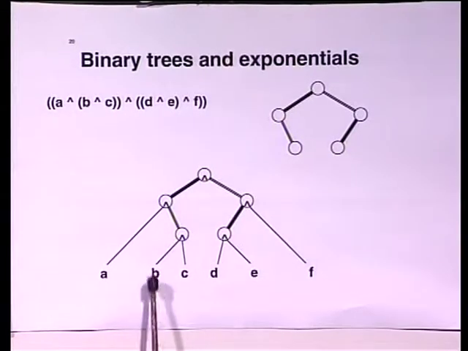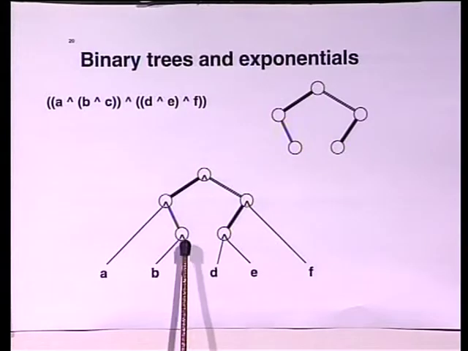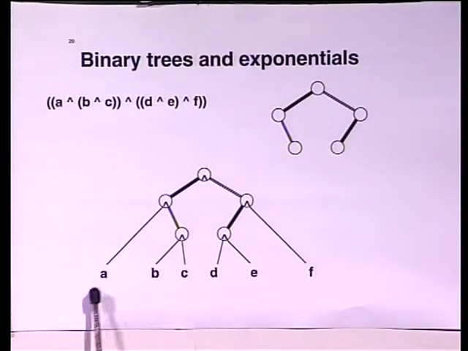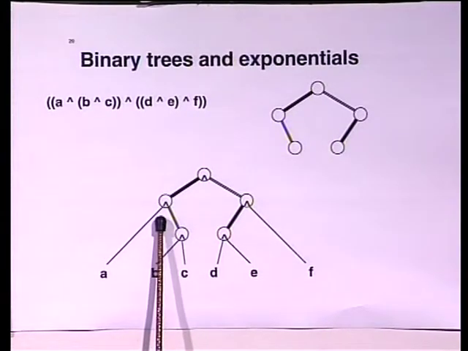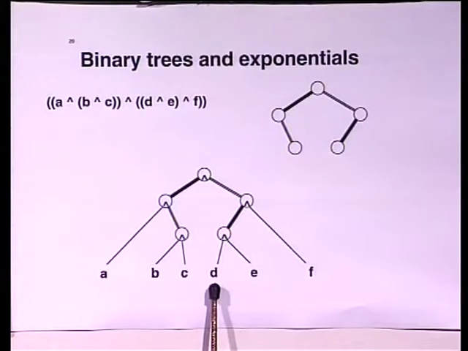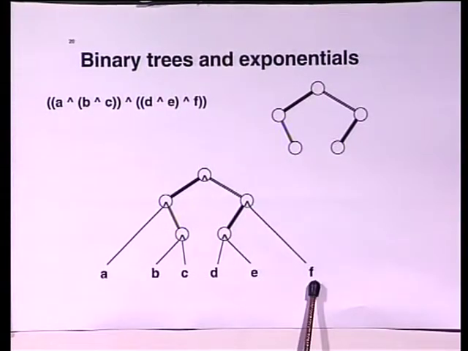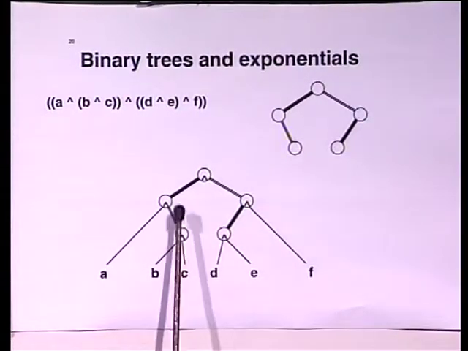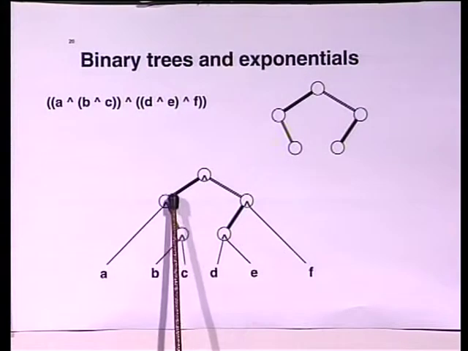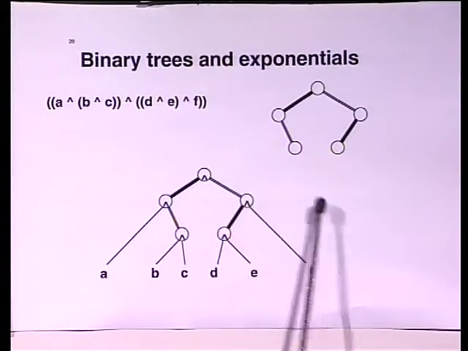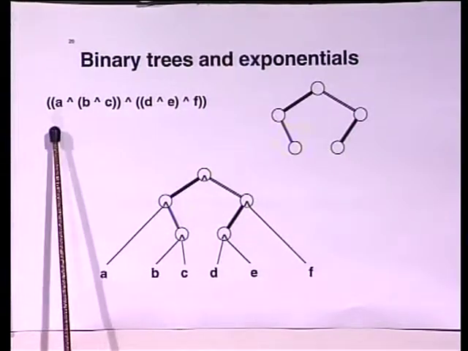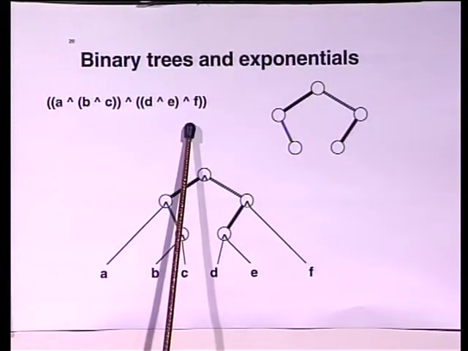That's what the tree is telling us here. And then that result, together with a, has got to be put together with an exponential operator. And then over here, we've got to work out d to the power e, and then raise it to the power f. And then finally, we've got to take the result that we got over here and raise it to the power of what we got over here. And that is what is being indicated by those brackets.